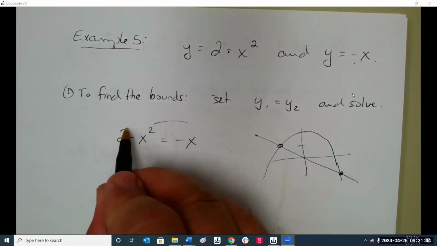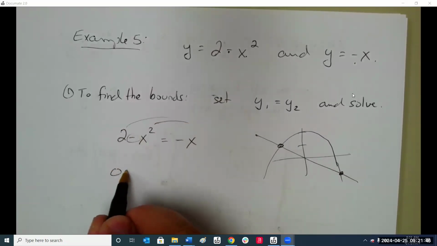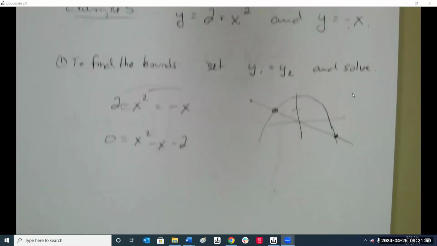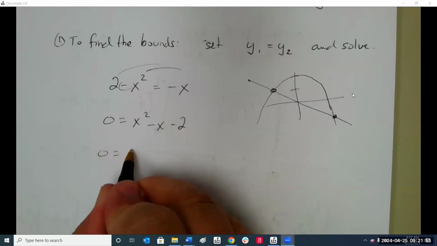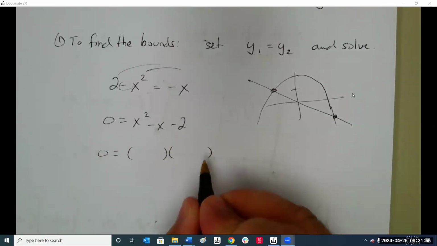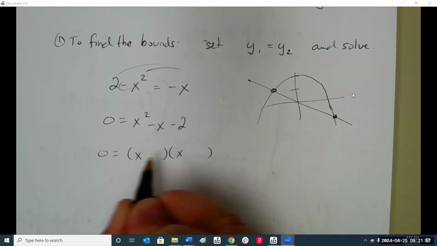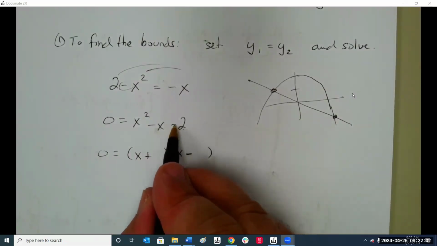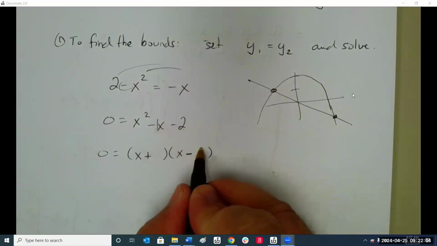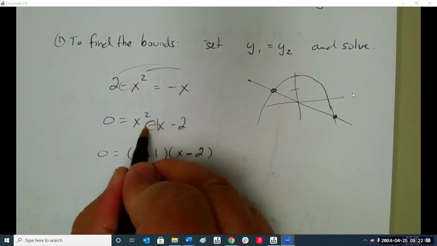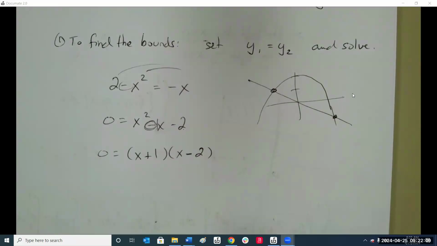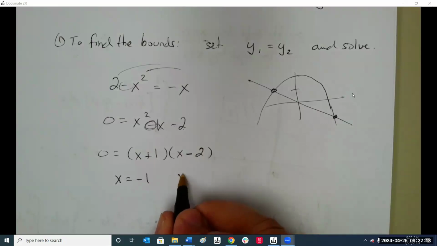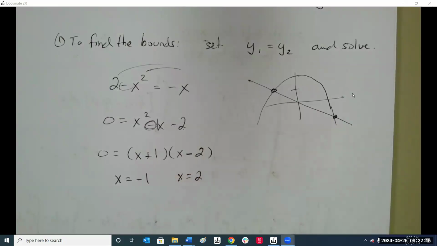So we'll move everything over since we have a negative here. So we have 0 equals x squared minus x minus 2. I have opposite signs. What times what is 2, and when you subtract them, you get 1? 2 and 1. The bigger number has to be negative. And so my x values, where they intersect, are at -1 and +2.